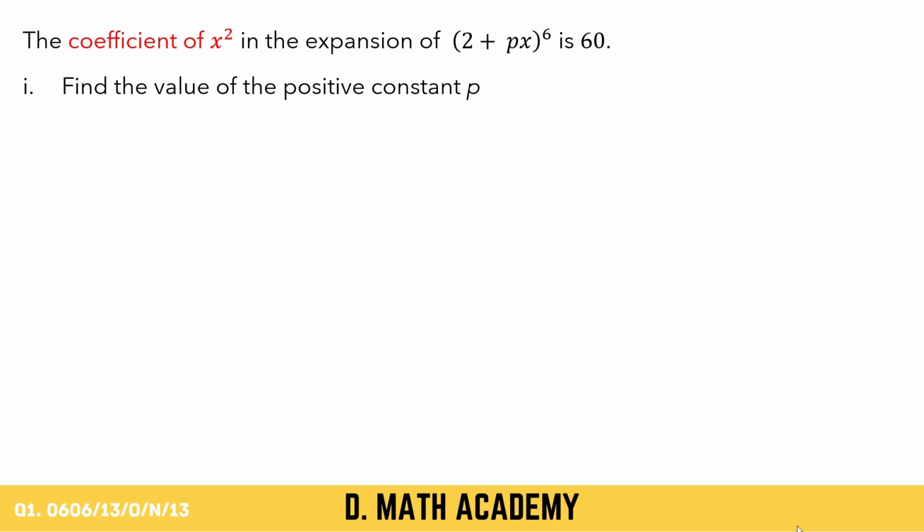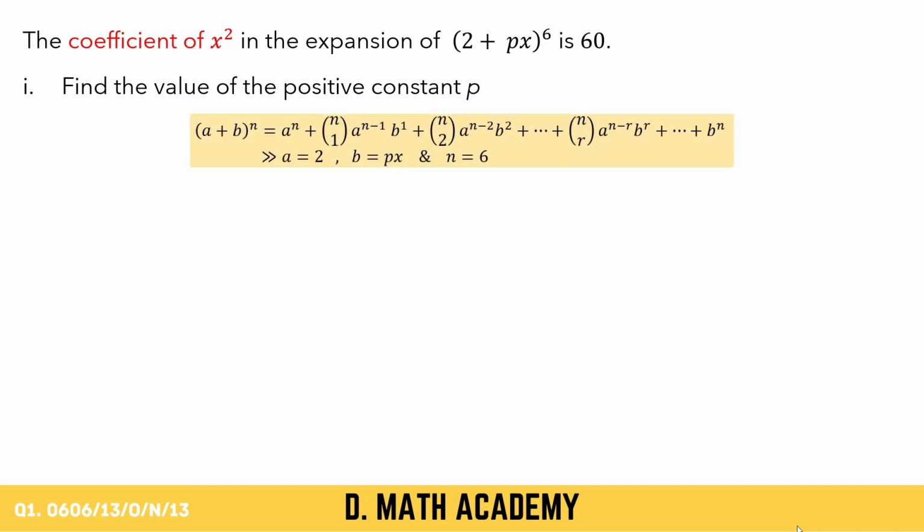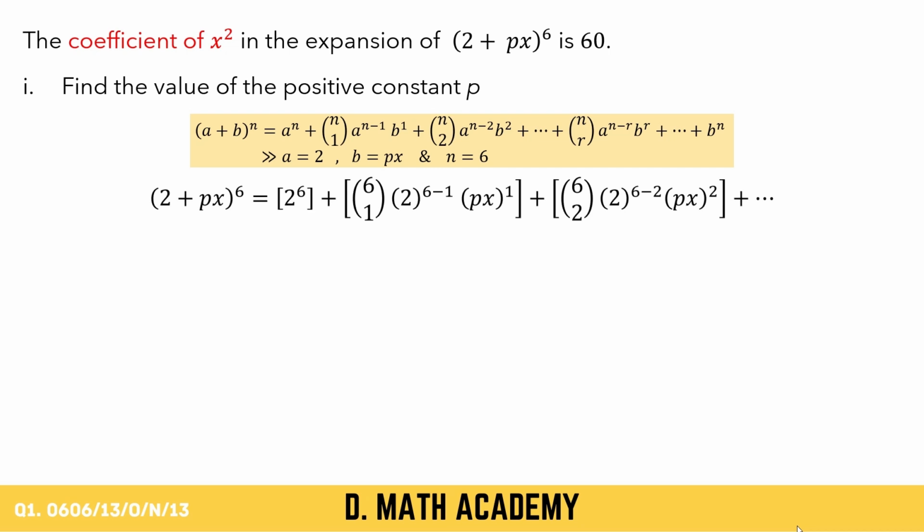I'm going to show you why I said it's the third term. Through the formula, I identify my a as 2, my b is px, and my n is 6. Plug in accordingly. Then I stop at the third term immediately because, as you can see at the last part, my b, which is px here, is being squared.